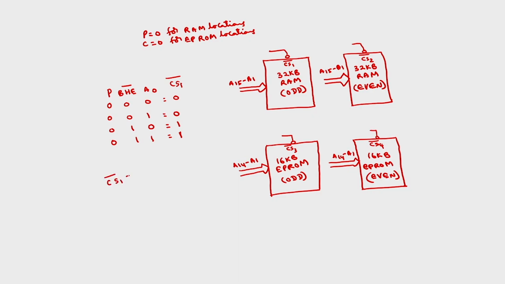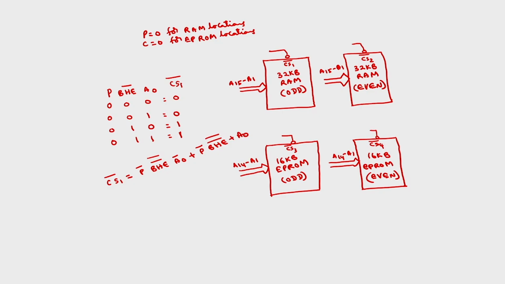CS1 bar is equal to P bar BHE double bar plus A0 bar, that is, P bar BHE double bar plus A0.